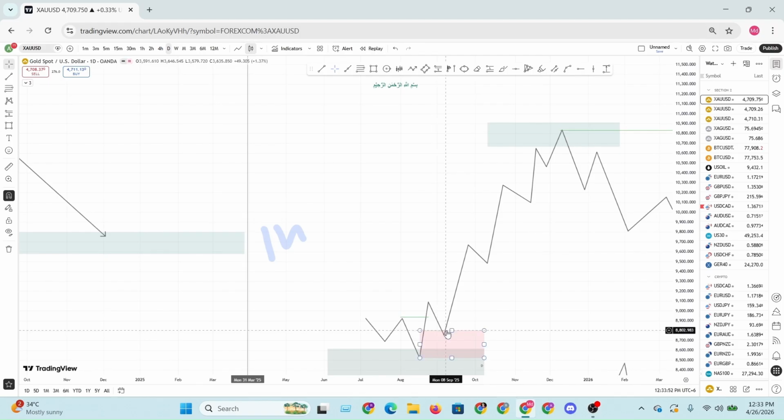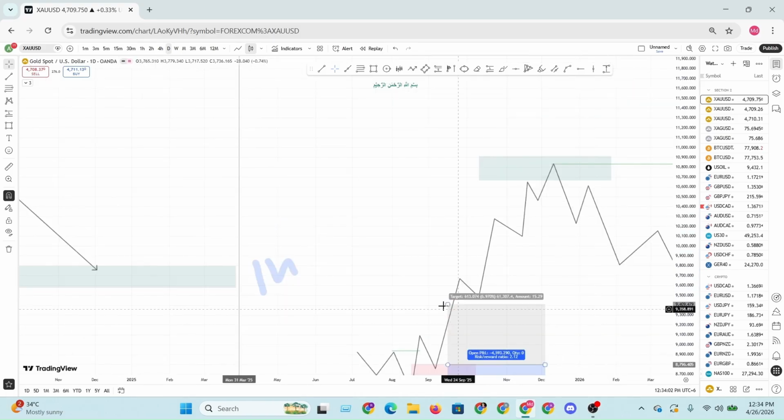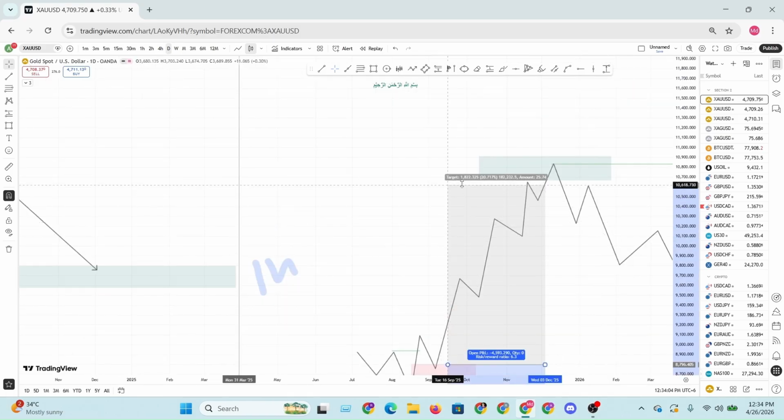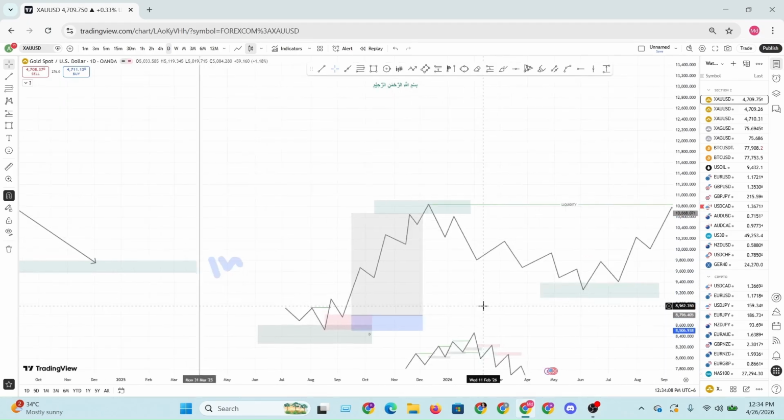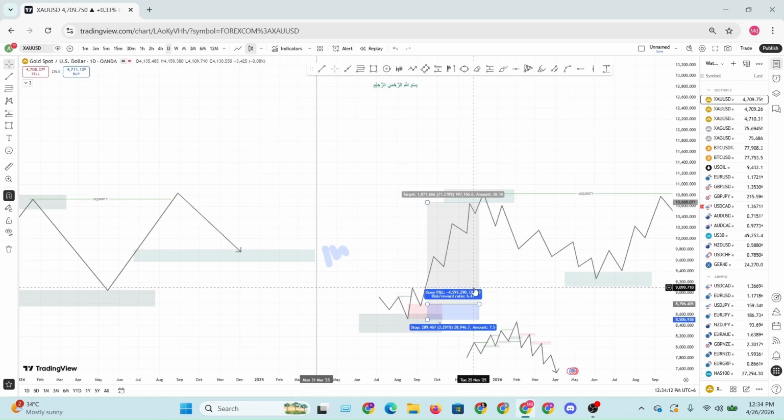From there we will place our entries like this, and the stop loss is above our high, and the target is the next PY. So this is how we will see it.